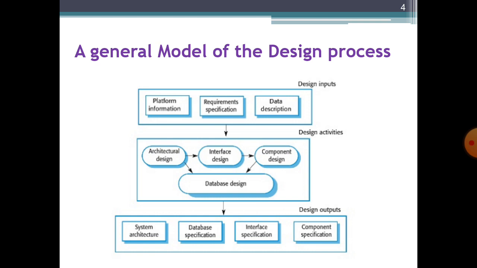Then we see how it depends on what kind of system you are going to build, a critical system, or whether you use a model driven approach or agile methods. Your output will depend on the methodology you utilize in your design process activities.